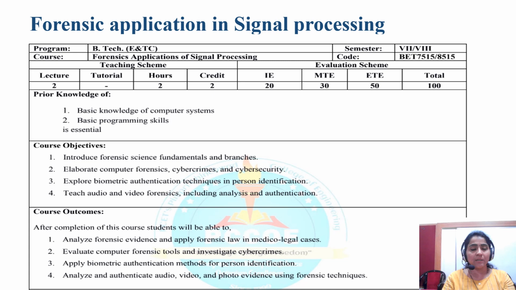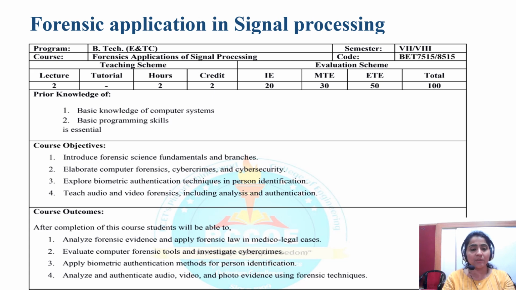The subject has a theory of 2 credits, and it has 100 marks of examination, including IE for 20 marks, MT for 30, ET for 50. The syllabus has 4 units covering 4 objectives.